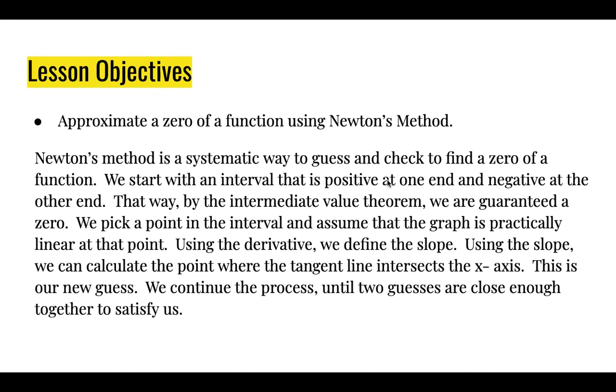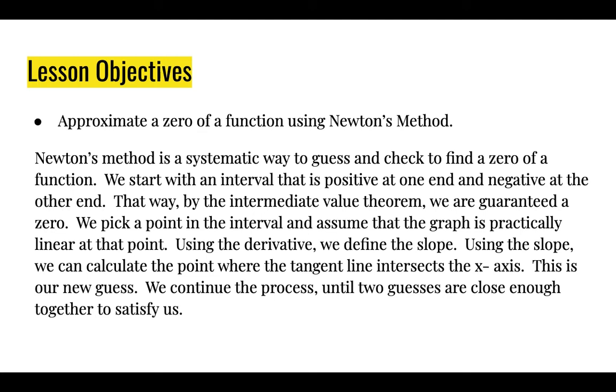So it's basically a systematic way. It's a guess and check method where we start with an interval where one end is positive and one end is negative. The intermediate value theorem says if you're continuous, every value between the two endpoints has to occur someplace.